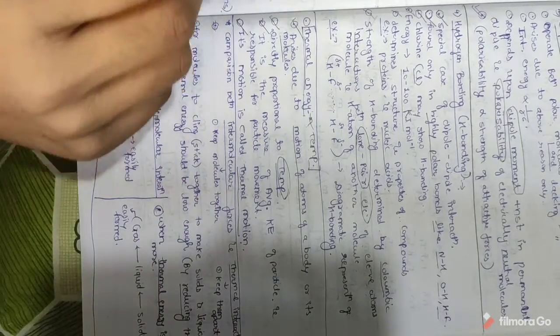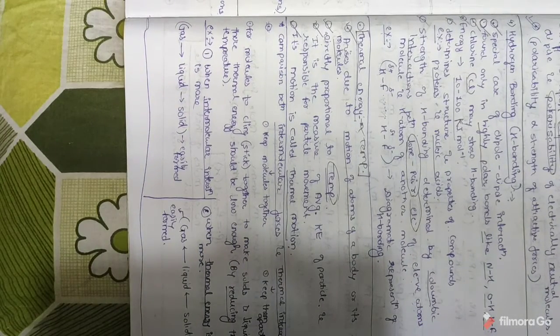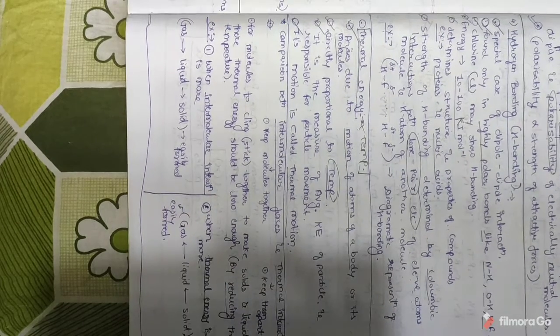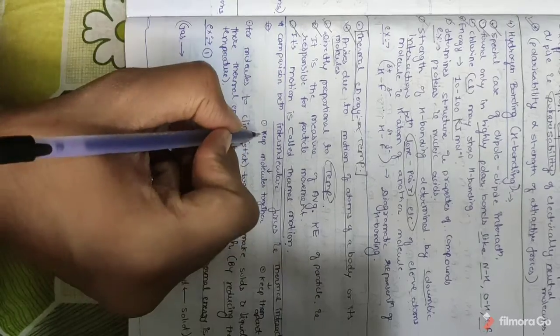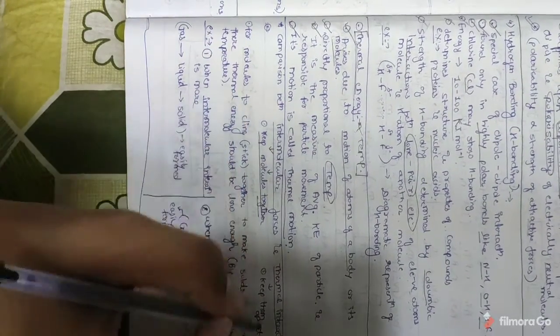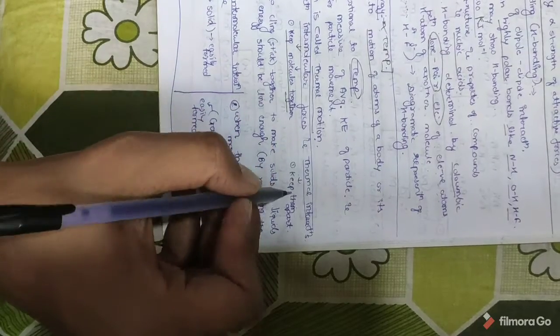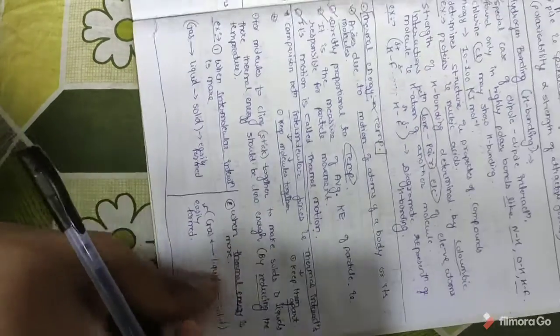And the third topic of today is the comparison of intermolecular forces and thermal interactions. So first, the intermolecular forces keep the molecules together, and the thermal interactions keep the molecules apart, away from each other.